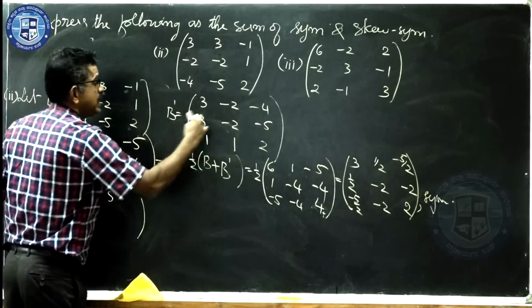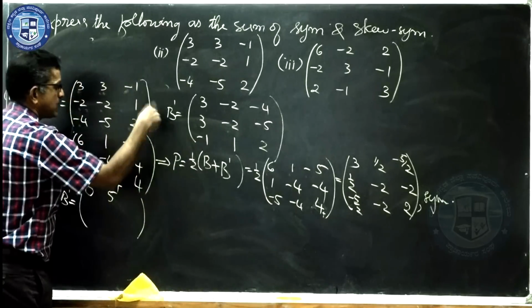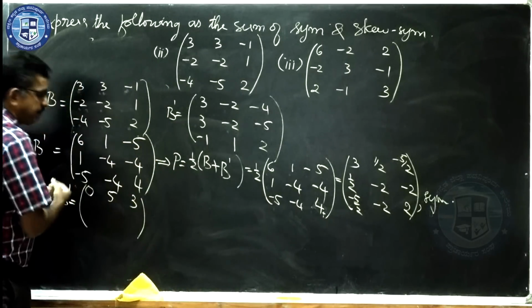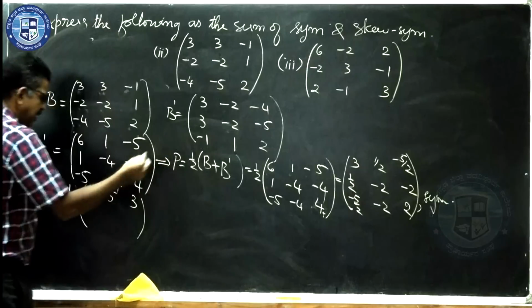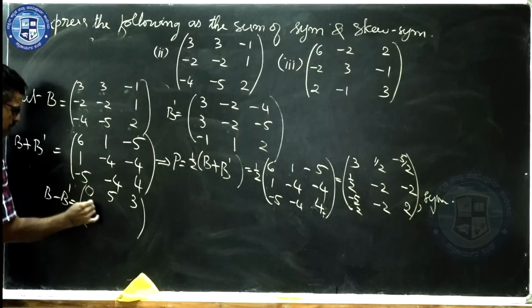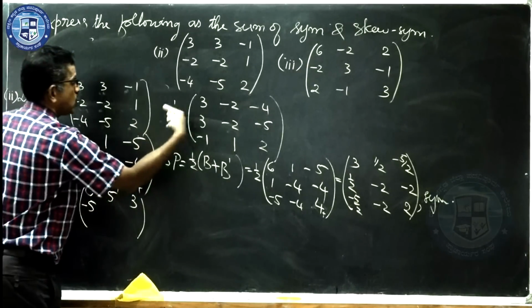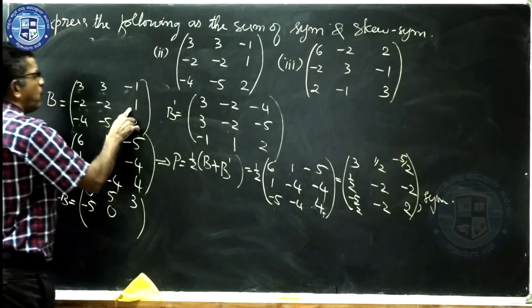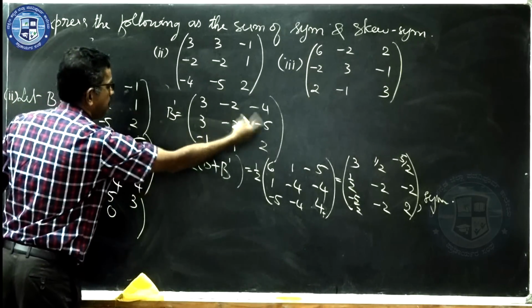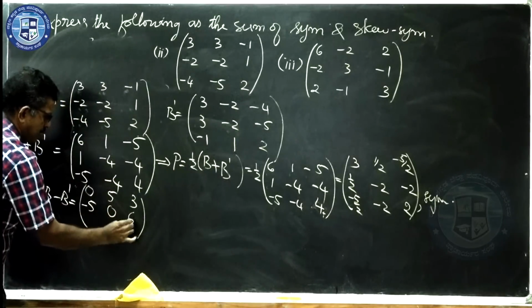Minus 1 minus of minus 4, it is minus 1 plus 4, will be 3. Minus 2 minus of 3, it is minus 5. Minus 2 minus of minus 2, minus 2 plus 2, 0. 1 minus of minus 5, it is 6.